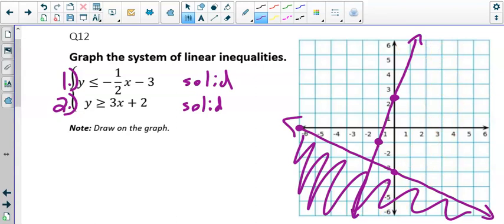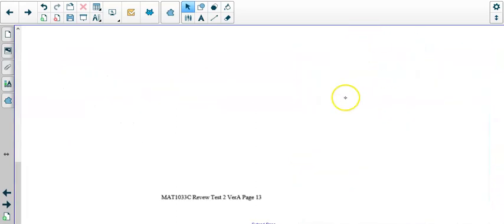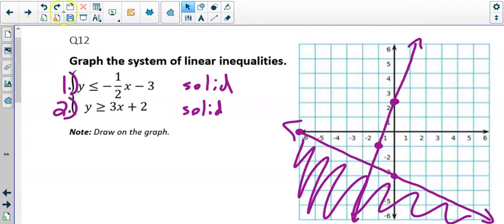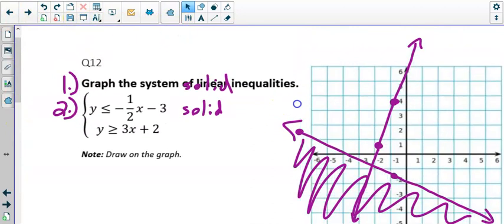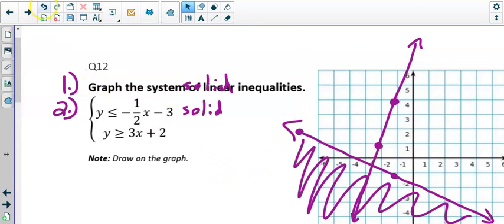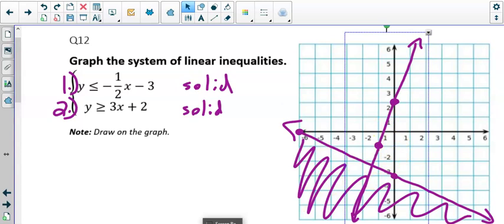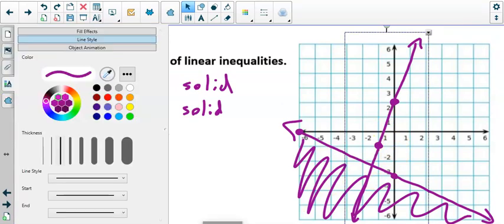And then where did this guy shade? Actually, I'm going to change up the color on this because it's going to be important for us to see things. Let me change up this color real quick because I want you to be able to see some things.